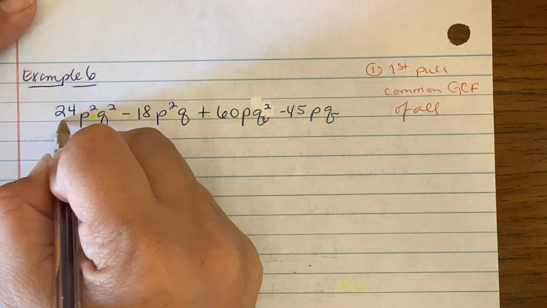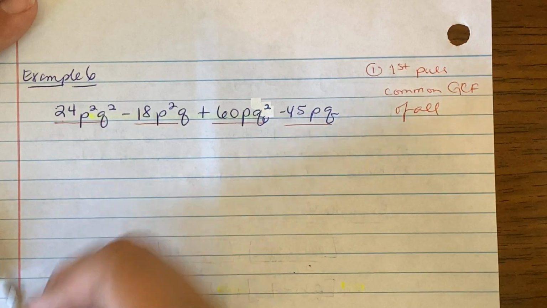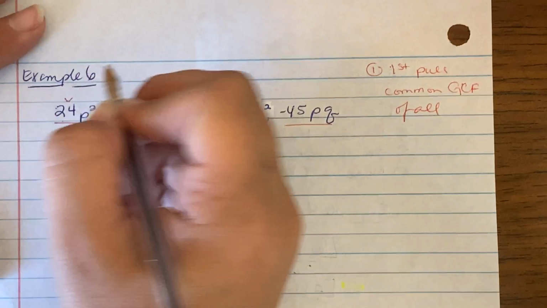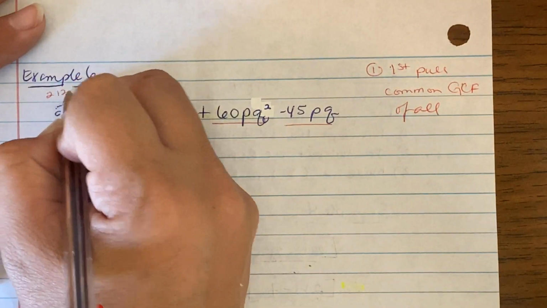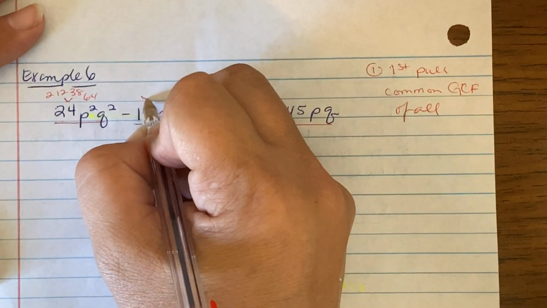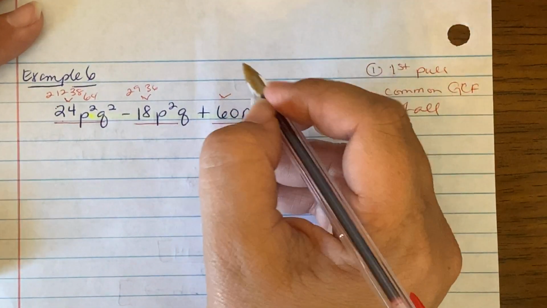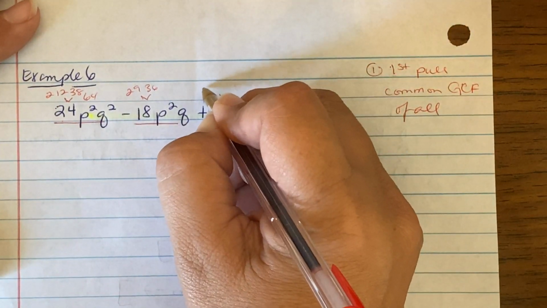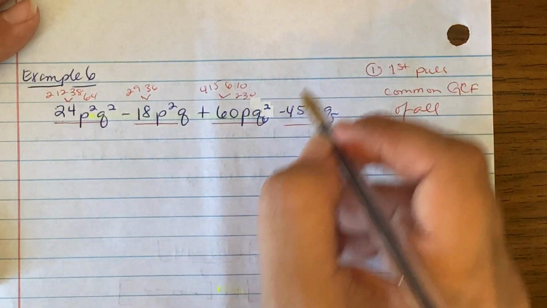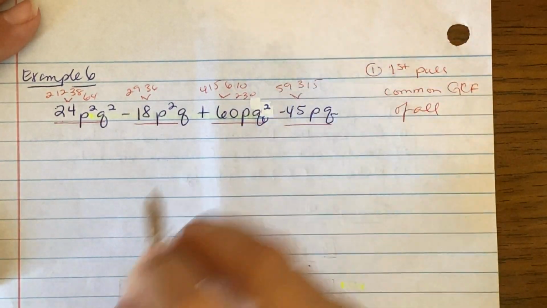So I'm looking at the numbers 24, 18, 60, and 45. Well, 24 has actually, in this instance, 2, 12, 3, 8, 6, and 4. 18, we have 2, 9, 3, and 6. 60, we have 4, 15, 6, 10, 2, 30. 45, we have 5 and 9, 3 and 15.